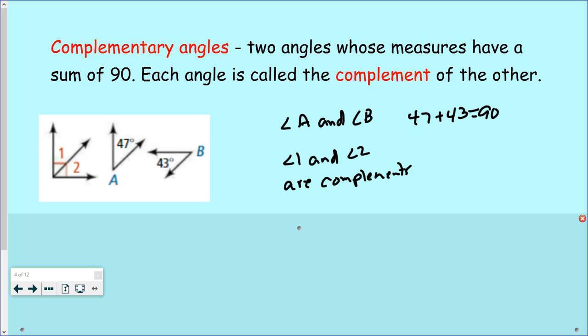Here, we're using the fact that angle 1 and angle 2, because they're adjacent, we can add them together. And notice that they add together to equal this right angle. The little square represents a right angle. So angle 1 and angle 2 make up a right angle, so they have to add to equal 90 degrees.